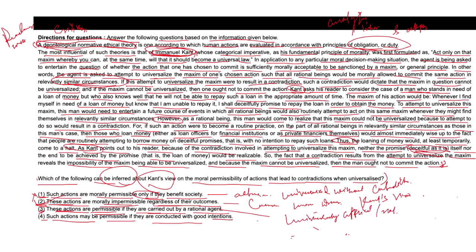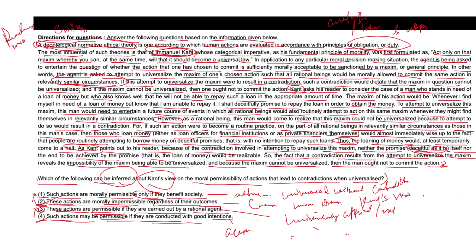So this option also cannot be inferred. The fourth one: such actions may be permissible if they are conducted with good intention. The choice implies that good intention makes an action acceptable. However, Kant's ethics focuses on the logical consistency of the action, not the intentions behind it.